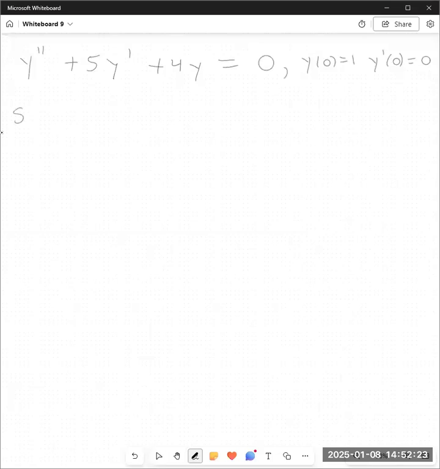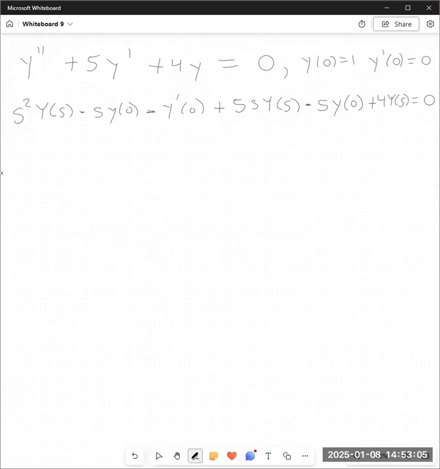So we have s squared capital Y of s minus s little y of 0 minus y prime of 0 plus 5s capital Y of s minus 5 lowercase y of 0 plus 4 capital Y of s is equal to 0 on the right-hand side.